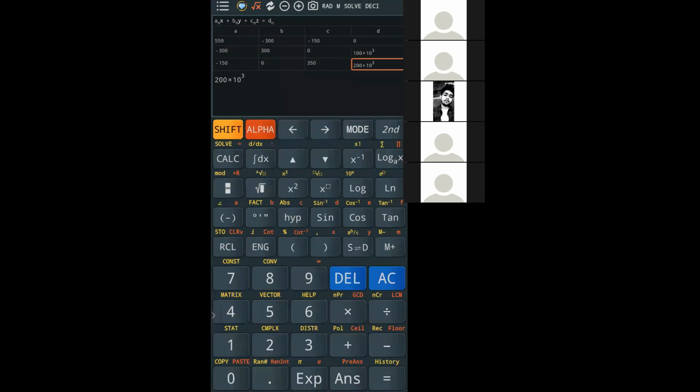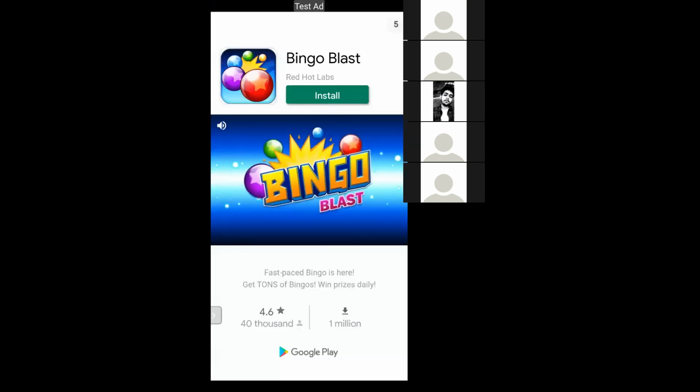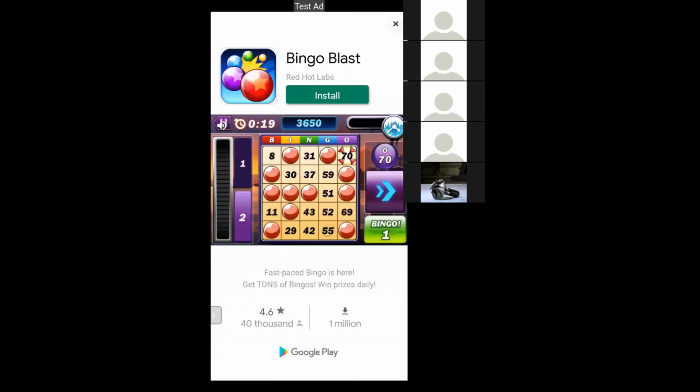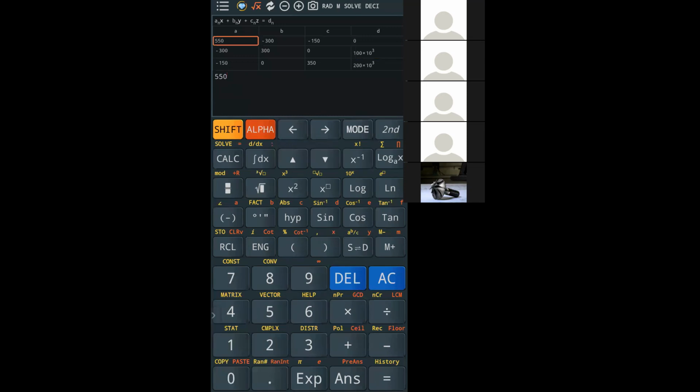For equation 2, the coefficient of T2 is 113.33, the coefficient of T3 is minus 83.33, the coefficient of T4 is 0, and the right side is 24,000.